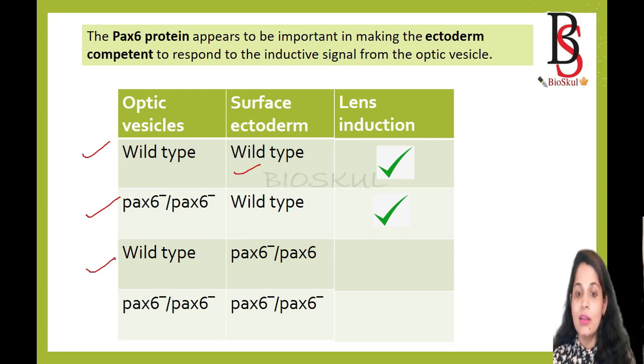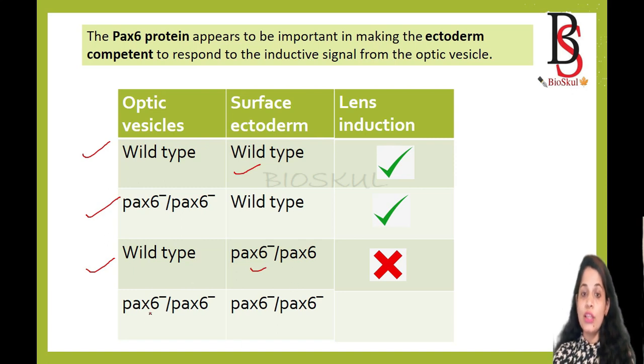But here the PAX6 is mutant in surface ectoderm, so it cannot develop lens. Similarly, in option 4, the PAX6 is mutant both in the optic vesicle and the surface ectoderm. The one point you have to remember is that for the lens induction, PAX6 should be wild type in surface ectoderm.